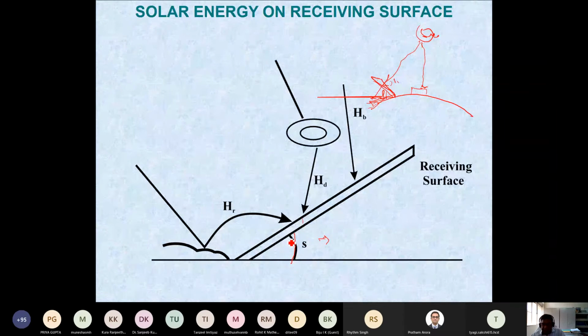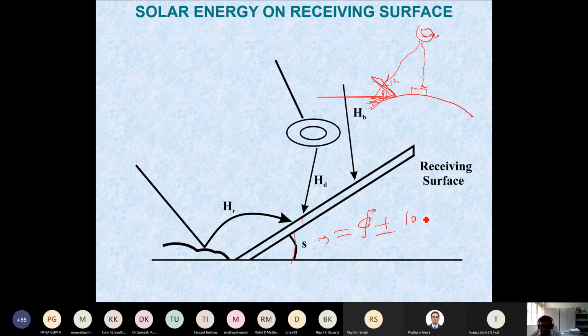Because of the time constraints I cannot discuss all the things, but I can say this: the optimized tilt angle is near the latitude of the location, or sometimes plus or minus 10 to 15 degrees of the latitude. This is what we mostly do.